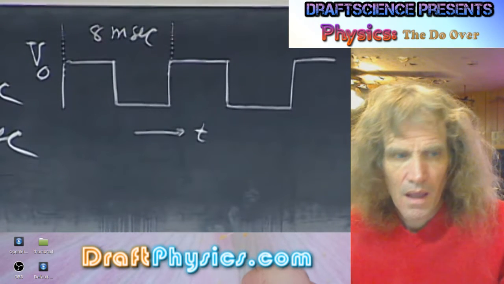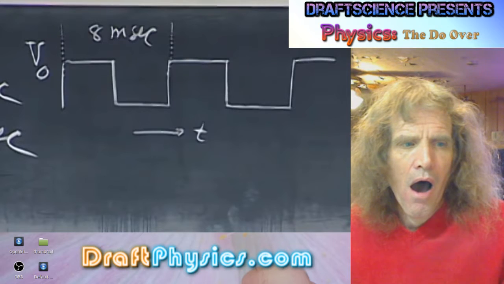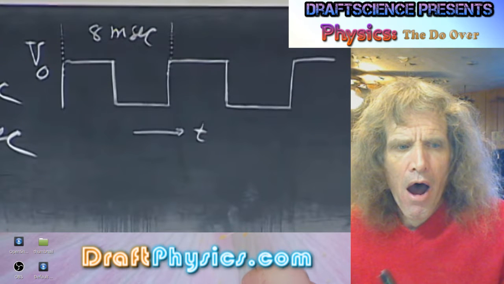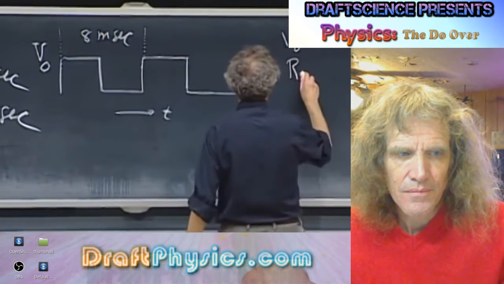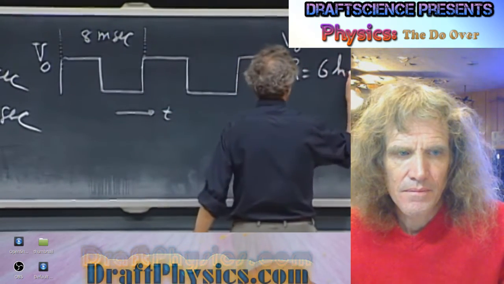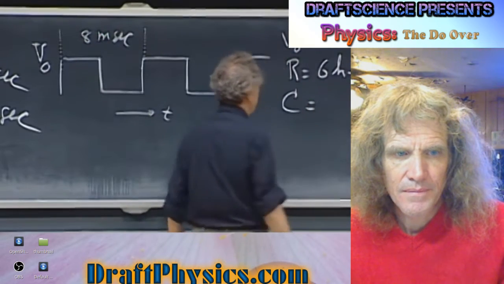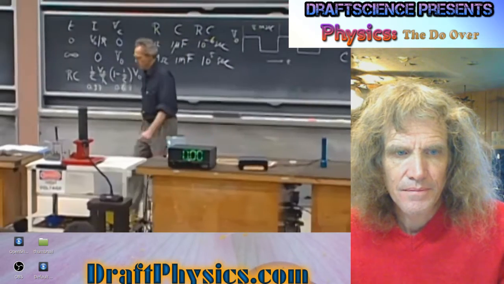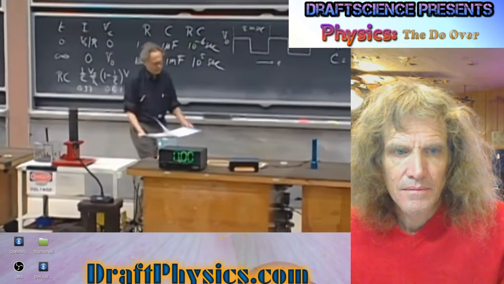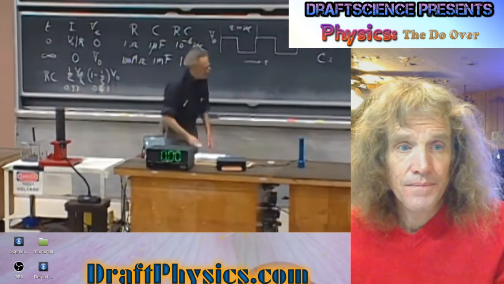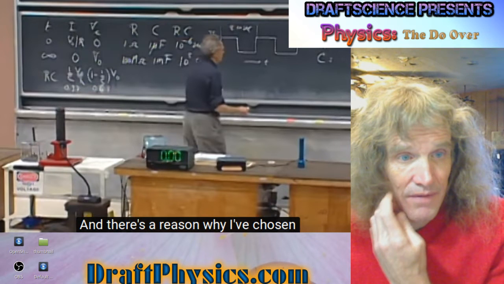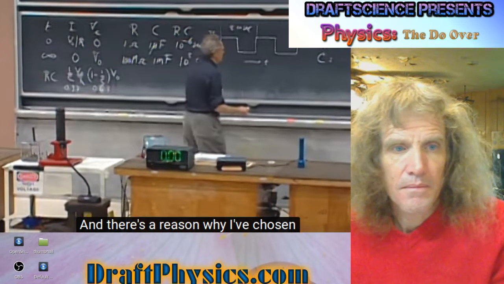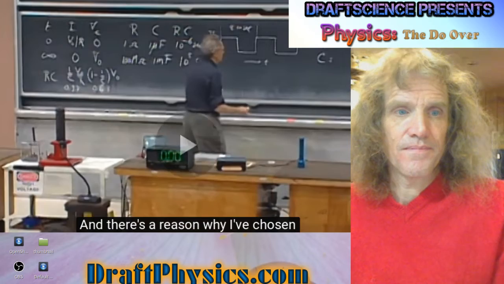And the values that I have chosen for R and C, I will give them to you. The value for V0 here is 1 volt, and here of course it's 0. The value that I've chosen for R is 6 kilo ohms, and the value I have for C, I think, is 0.1 microfarad. Yes, that's what it is. And there's a reason why I've chosen these values. 6,000 ohms is significant enough resistance.